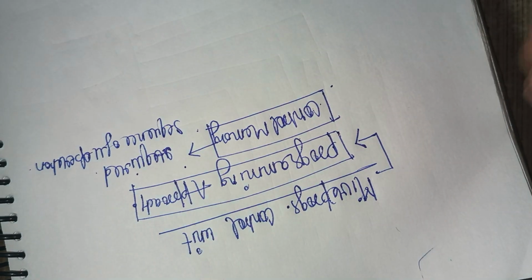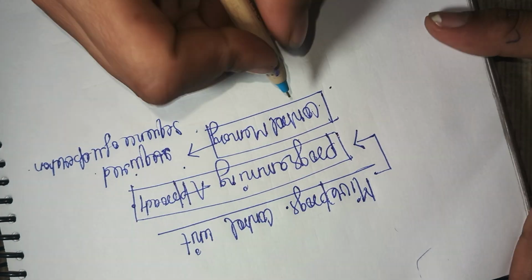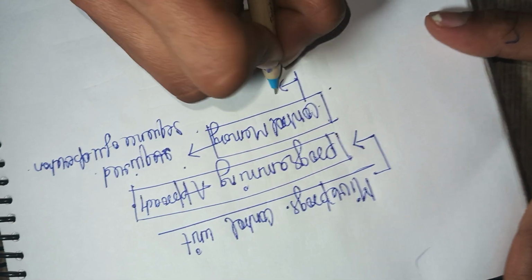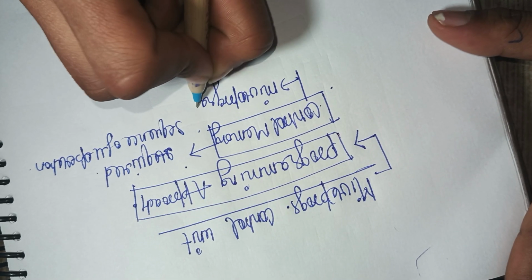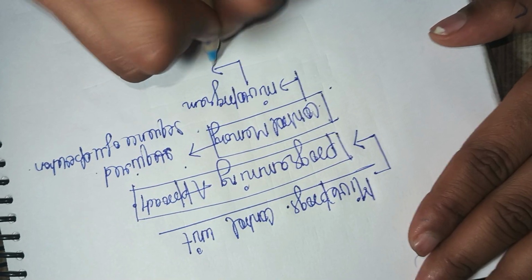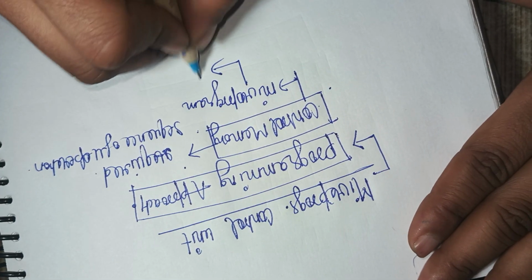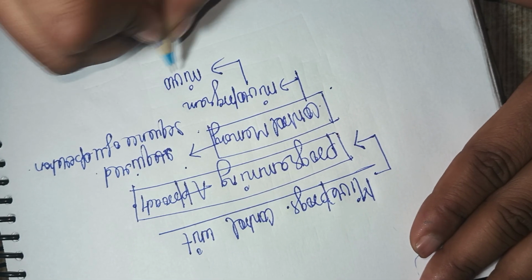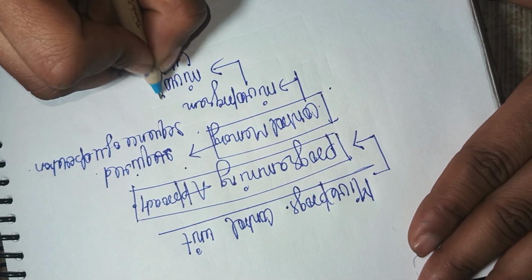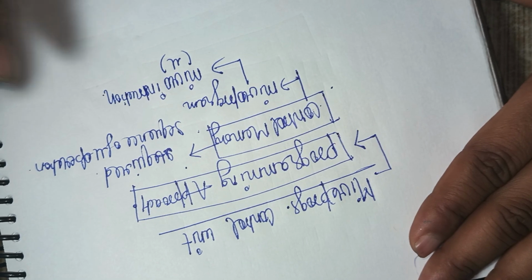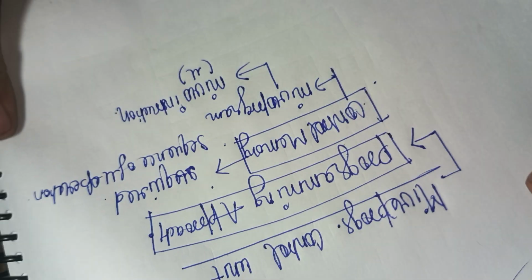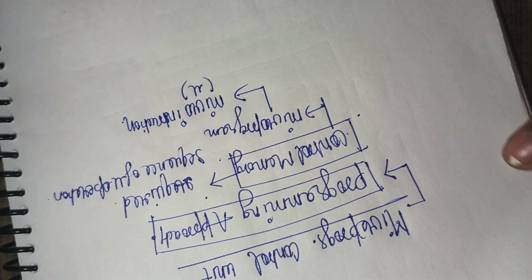Overall, if we talk about the structure of the control memory, it contains a microprogram, and a microprogram is the collection of micro instructions. Thus they specify the sequence of micro operations.